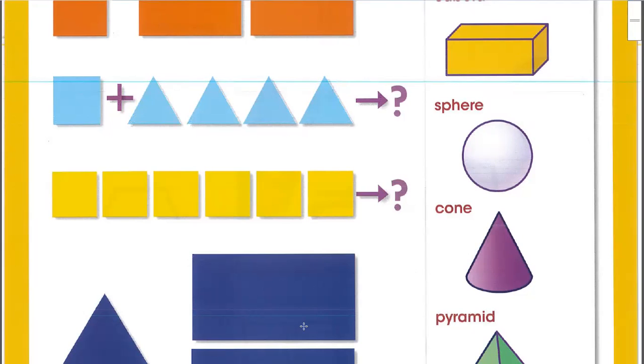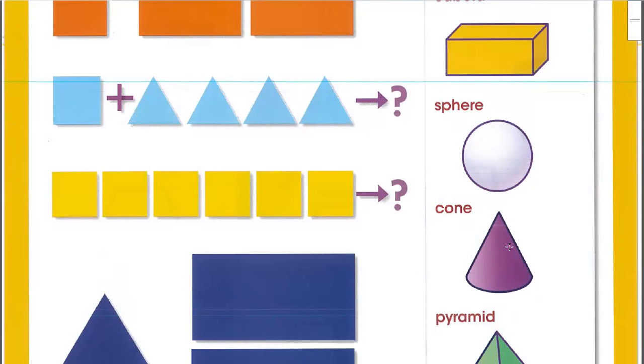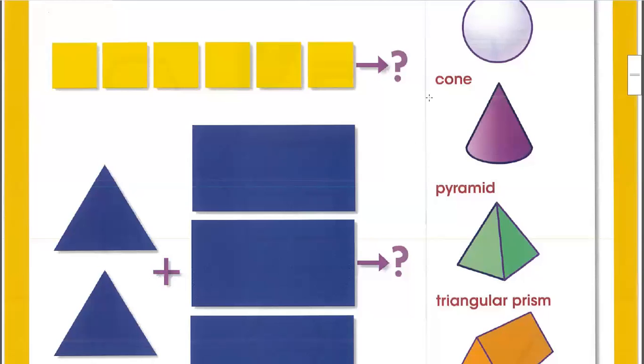Okay, next is cone. One circle and a cone shape make a cone.